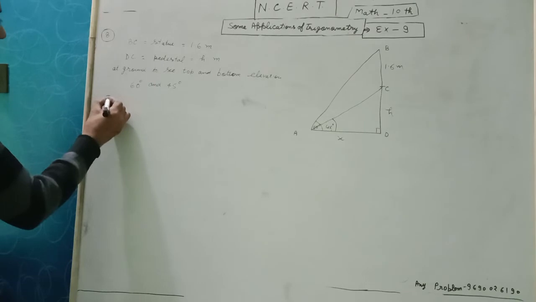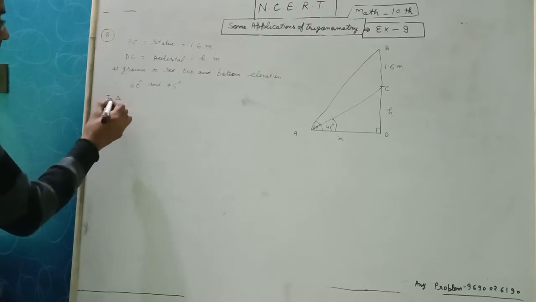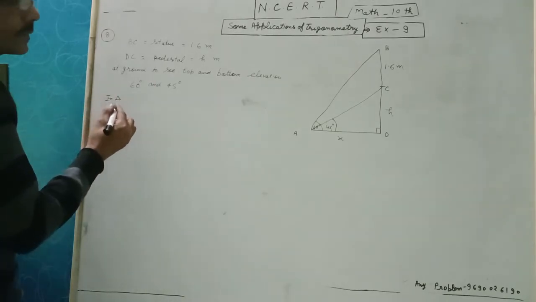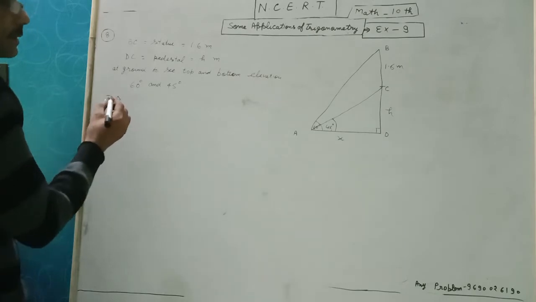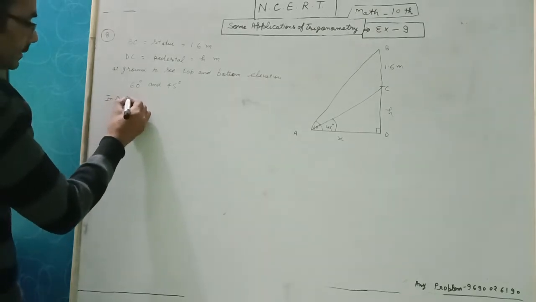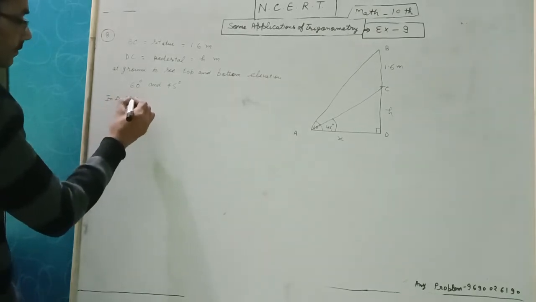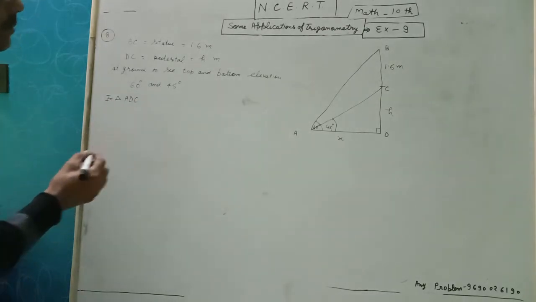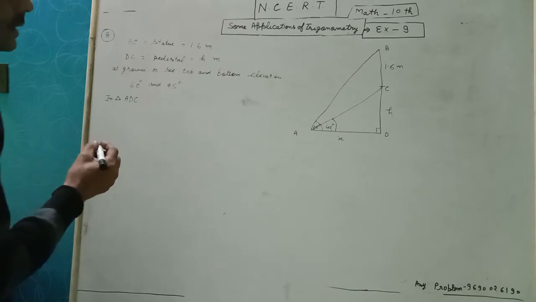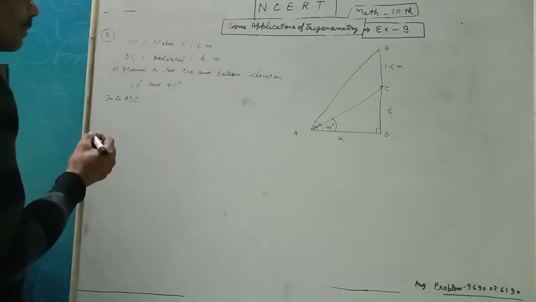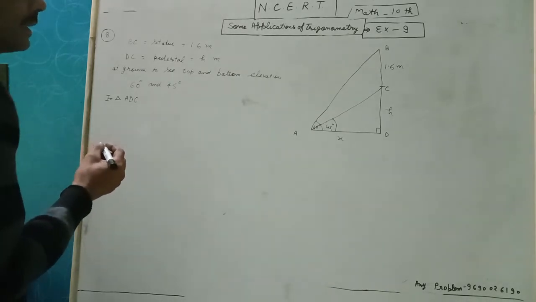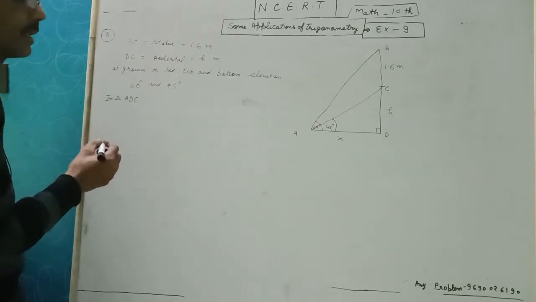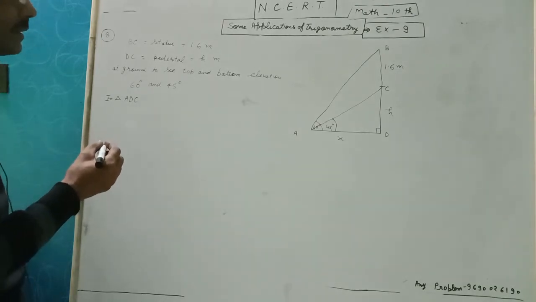In triangle ADC, D is 90. AC is hypotenuse, base is AD, perpendicular is CD.